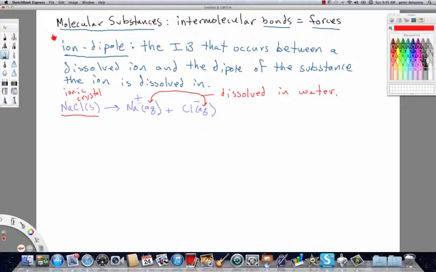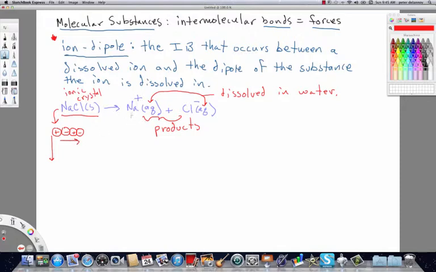So let's take a look at the difference between the products of this process and the starting material. The starting material is actually a crystal that has oppositely charged particles arranged throughout the material like this, and you can imagine that crystal extending in all directions.